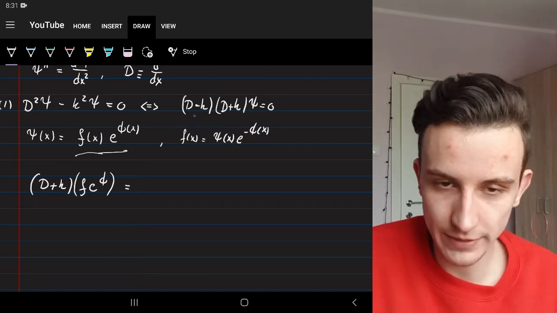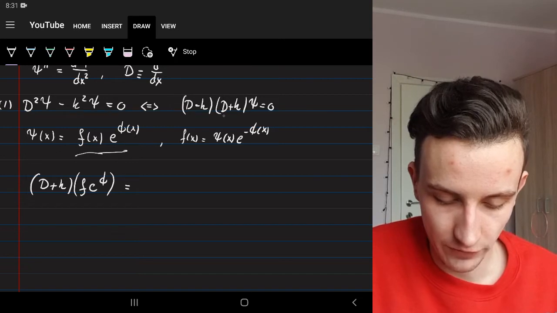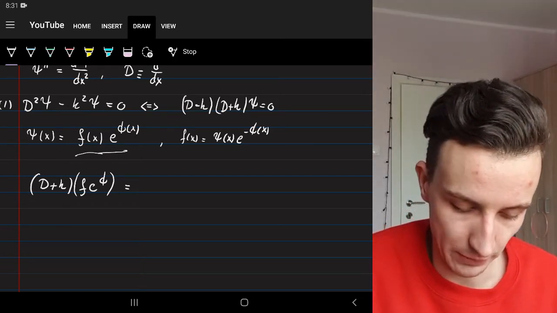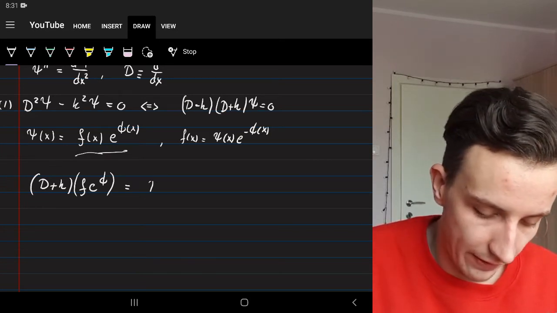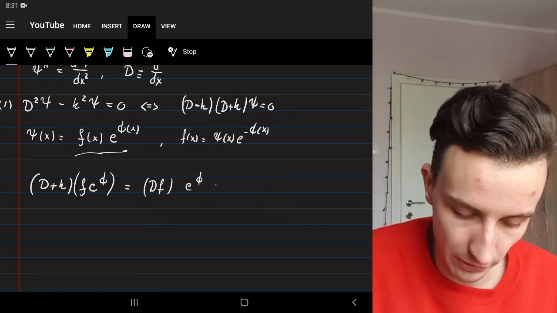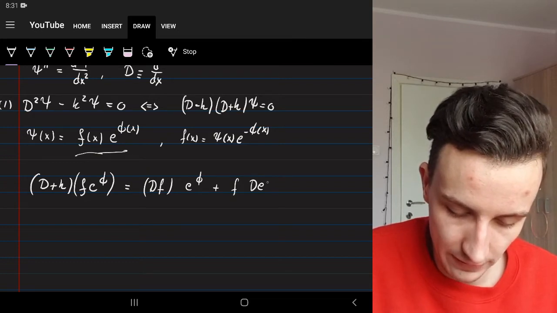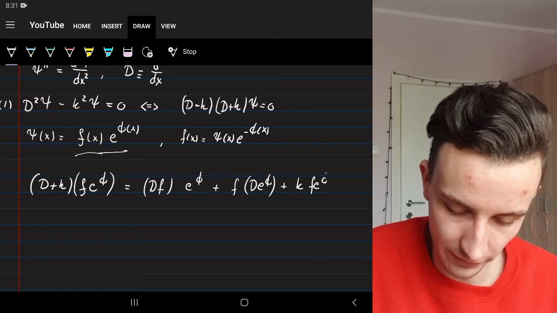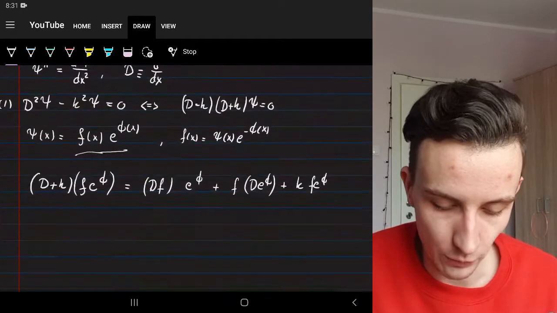I'm obviously omitting D minus k because D plus k is acting first. Of course, we could have changed the order, but first of all, we're just looking at D plus k. So this D plus k acting on f e to the phi is df e to the phi, this is the product rule, right, plus f d e to the phi, and plus k f e to the phi. k is just a constant, so it doesn't do anything weird.